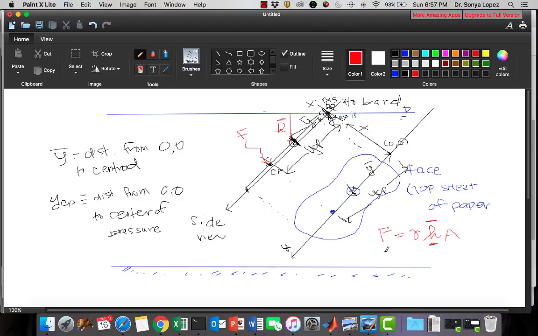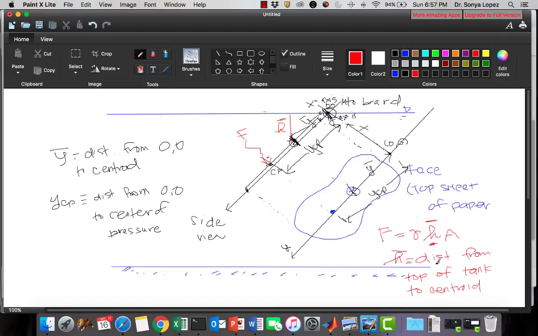So h bar is the distance from the top of the tank to the centroid. This elevation here is going to be your h bar.